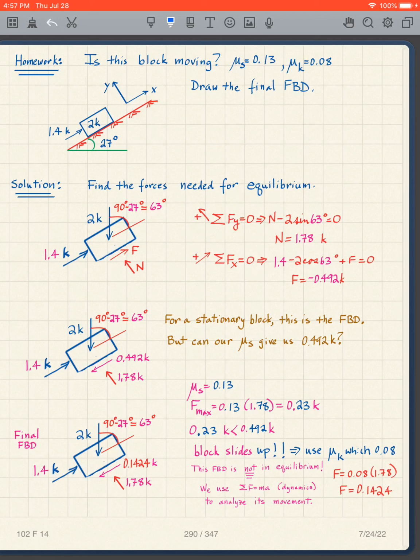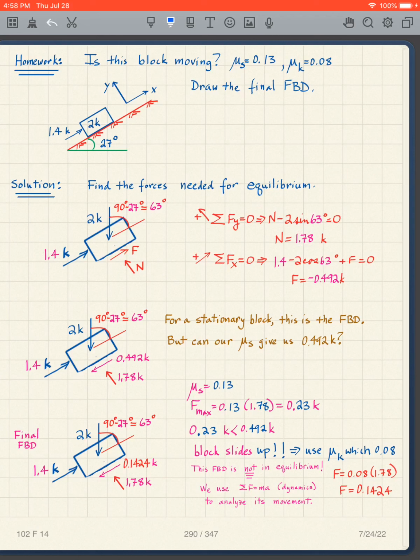And again, this is 90 minus theta, so it's 90 minus 27, 63 degrees. And so I have this going in the y direction and the y component of that. So I have N minus 2 sine 63. I get N is equal to 1.78.